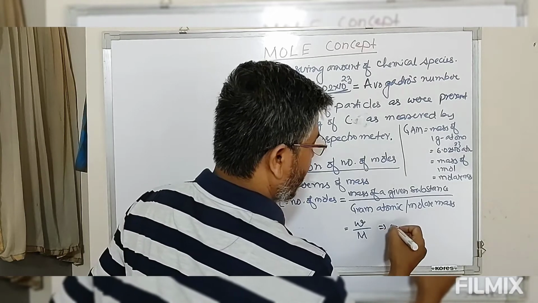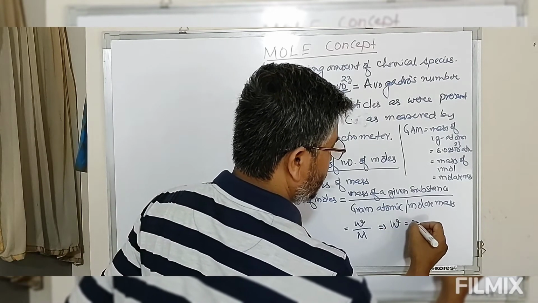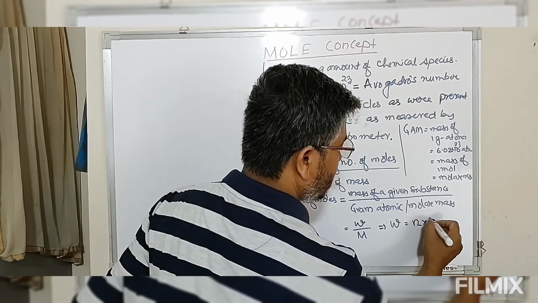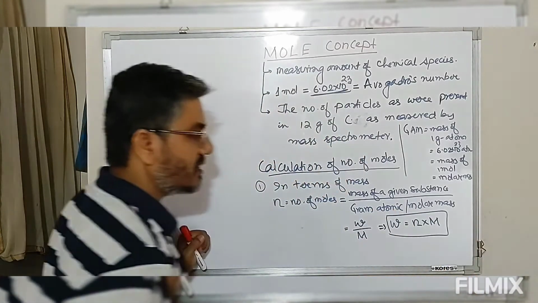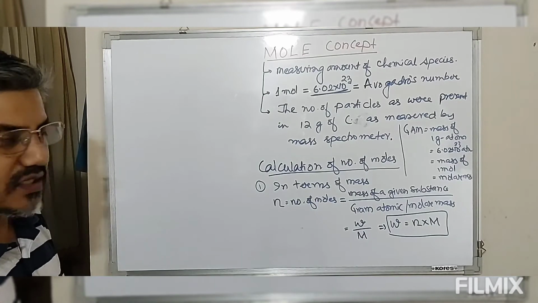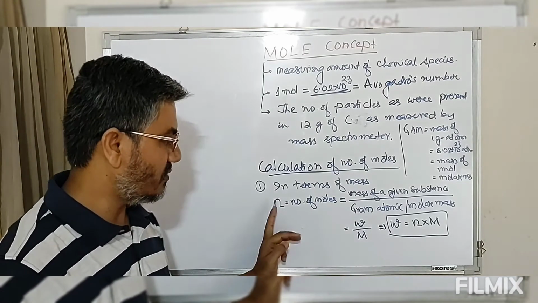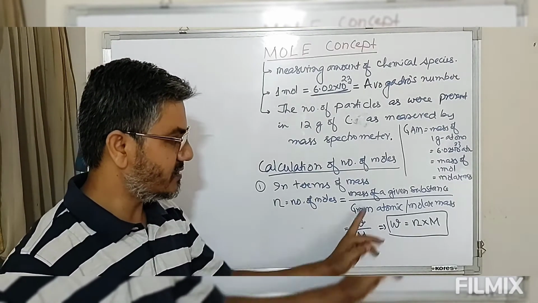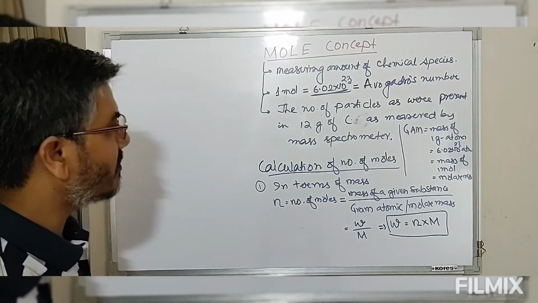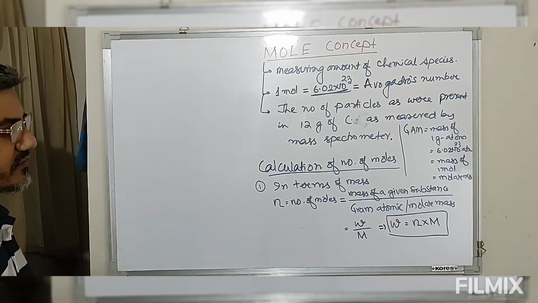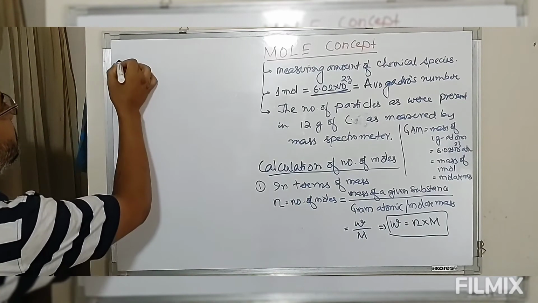Therefore mass of a given substance is equal to number of moles into its molecular mass. So once we have this molecular mass and the number of moles, we can relate this. So number of moles is mass of a given substance divided by gram atomic or molar mass. So this is one of the methods by which we can find number of moles.